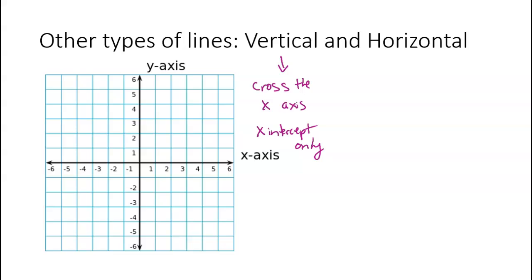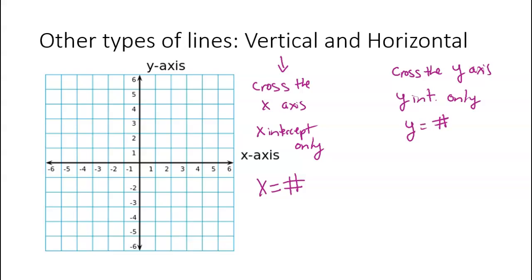The equation will always be x is equal to some sort of number. Okay? Horizontal lines, they cross the y-axis. So this will be a y-intercept only. And it will be y is equal to some sort of number.